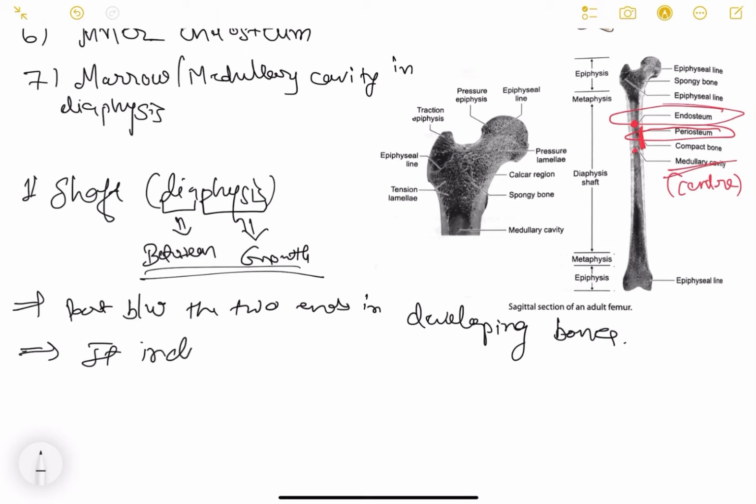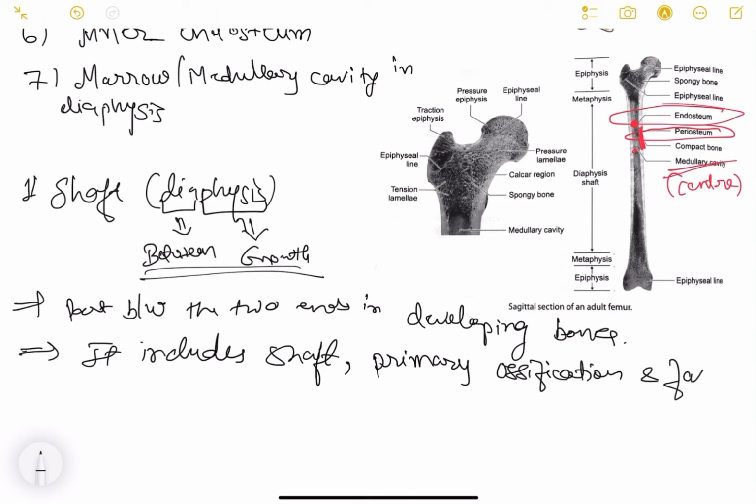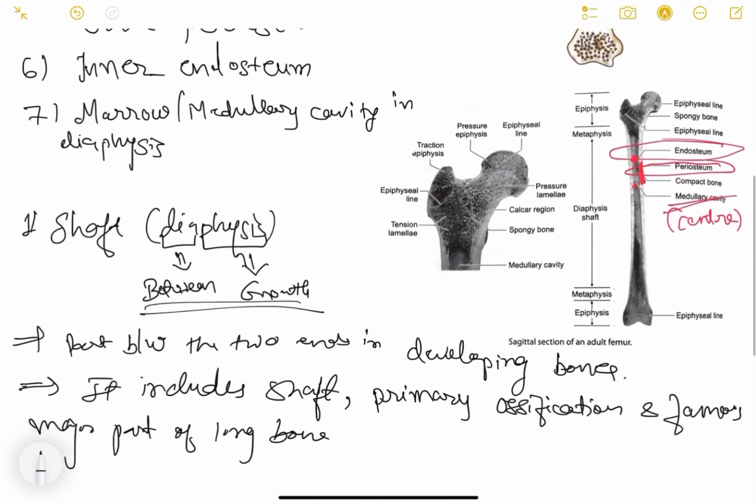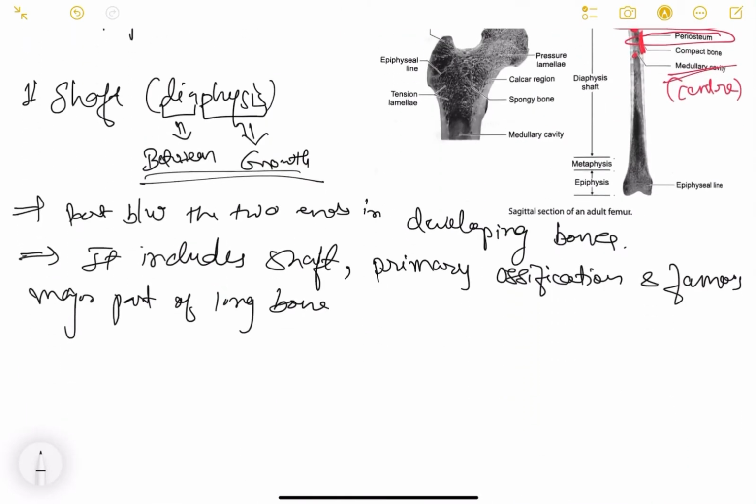It includes the shaft, as we have seen, and here occurs primary ossification and forms the major part of a long bone. Now you can see this diaphysis, it is the shaft. Here primary ossification will occur, which will constitute the major part of a long bone.